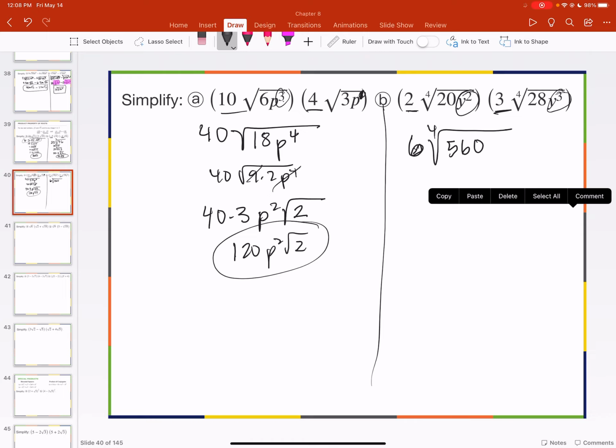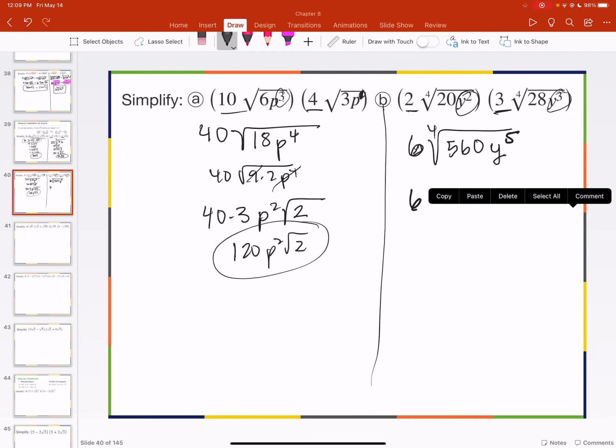So y squared, y cubed, when you multiply them, you add the exponents, y to the power 5. I'm thinking, what if we take 560 and we divide it by, let's see, what could be the largest fourth root, right? It has to be a fourth root. So maybe 16, because that will give you 35.